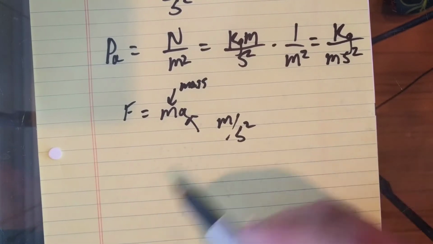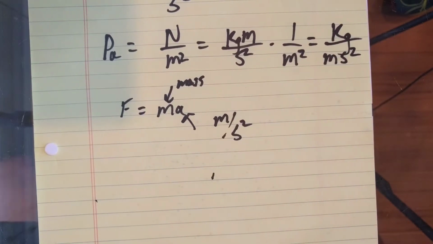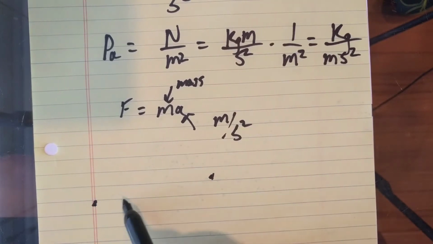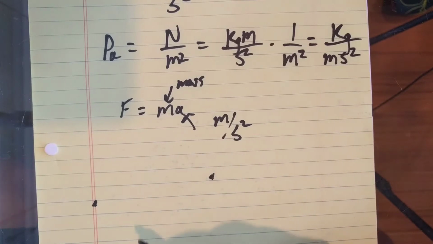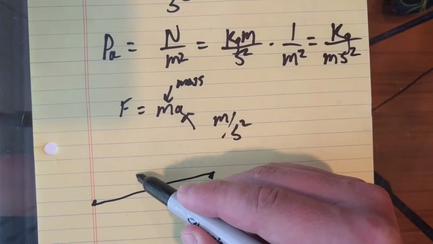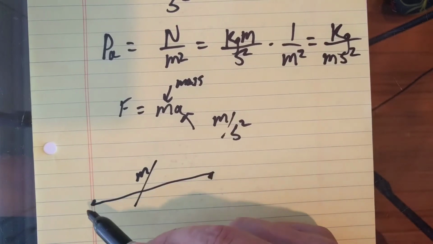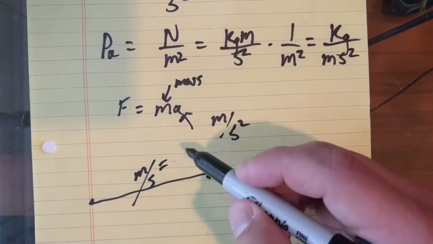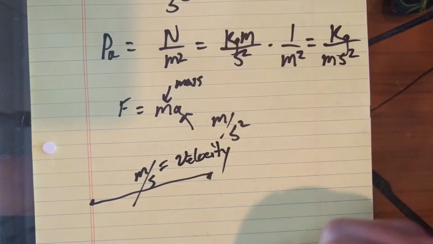And velocity is the rate of change of the displacement. Displacement being from A to B, right? So if you went from A to B, you would be able to find the average velocity just by taking the meters and dividing it by the time it took to go from A to B. So that's velocity, right? Meters per second. Units tell you a lot. You just have to listen to them.